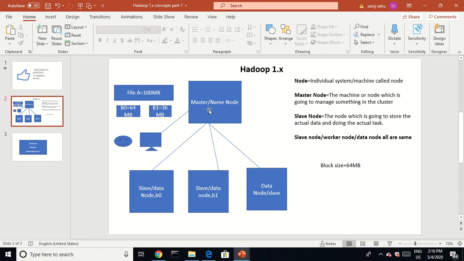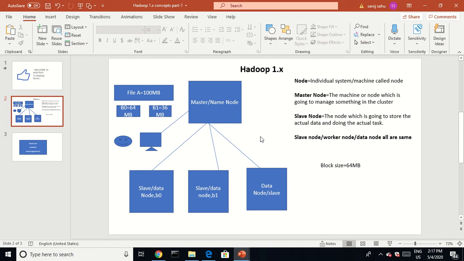Now how can the master machine know which data node the blocks will be stored on at this particular point in time, which slave node is free, what percentage is being utilized, and how much work pressure is on the slave nodes? The name node will pick the node which has less pressure or less workload at this point in time, because that node is suitable for storing the data.